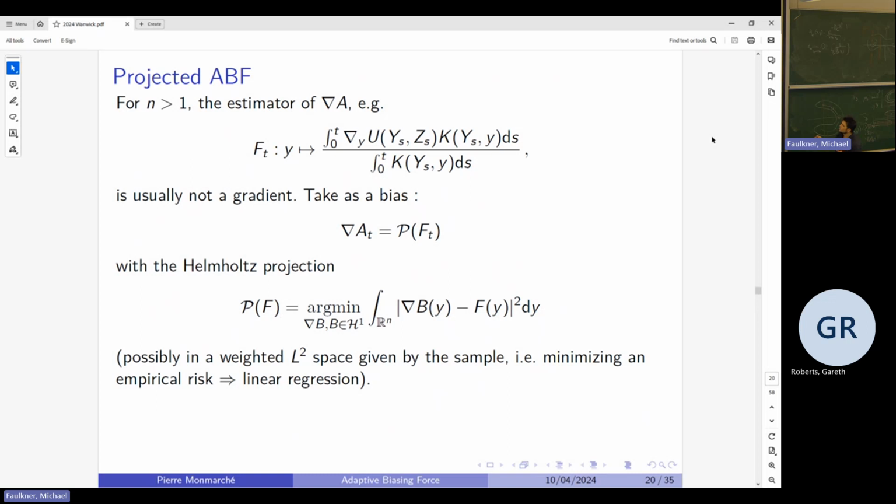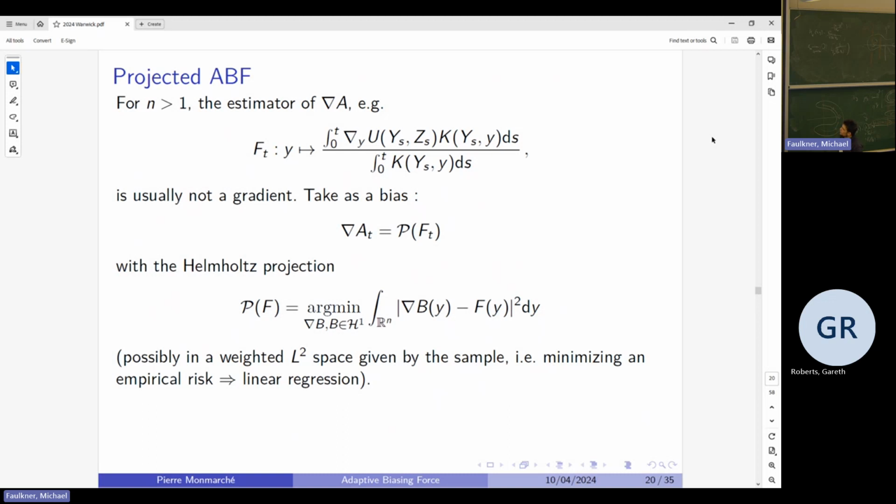This function of y has no reason to be the gradient of something in dimension larger than 1. So what you can do is say my bias is not going to be this estimator, but of this average of the gradient, it's going to be some projection over a space of gradients.